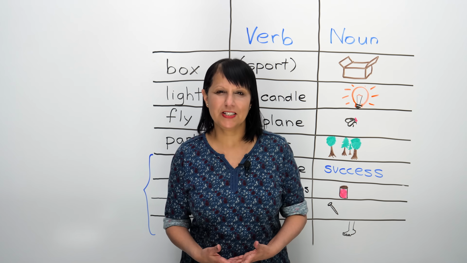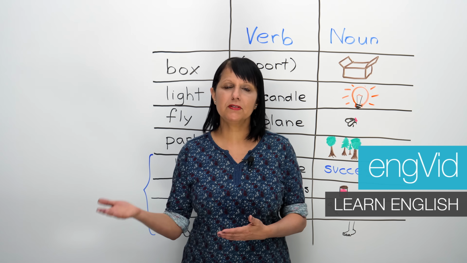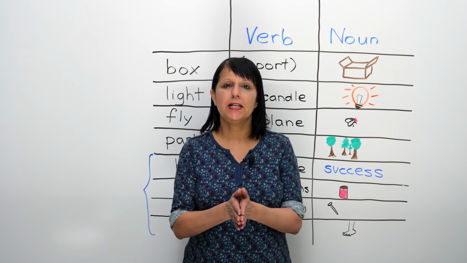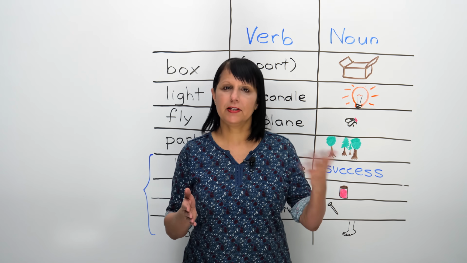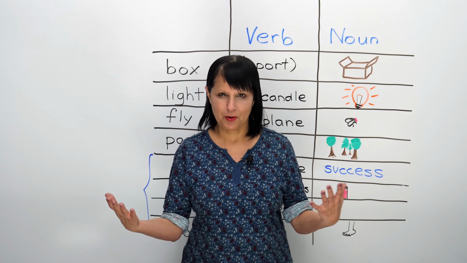I'm Rebecca from engVid. In this lesson, I'm going to show you how one word can have multiple meanings. In particular, we'll look at situations in which the verb and the noun with the same word is completely different, okay?